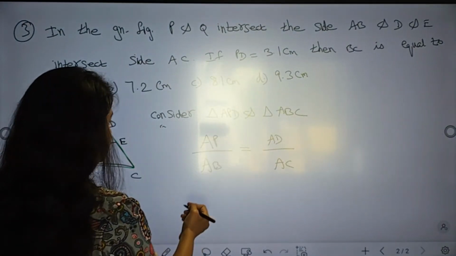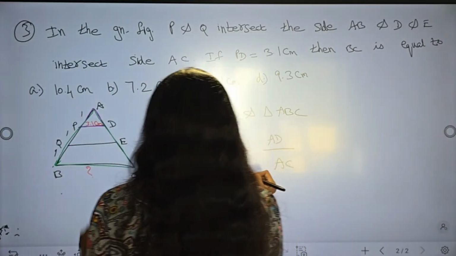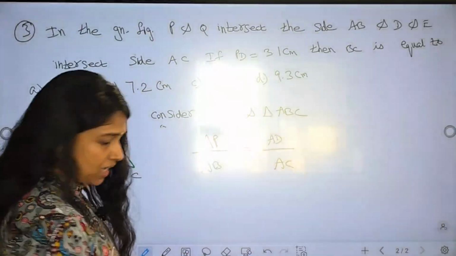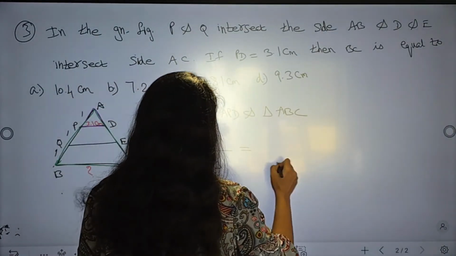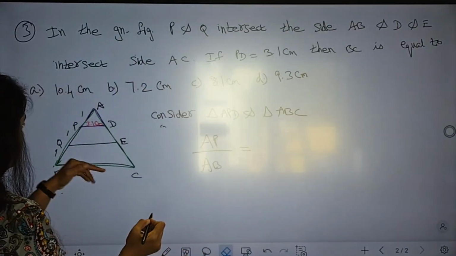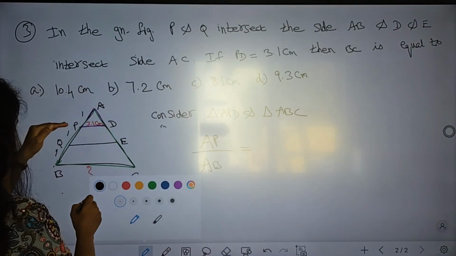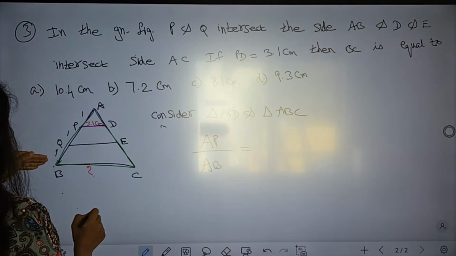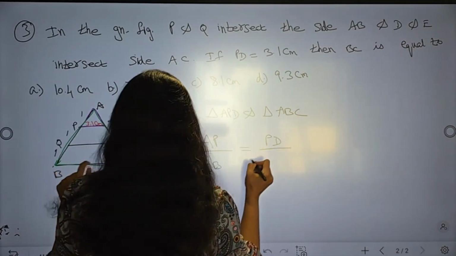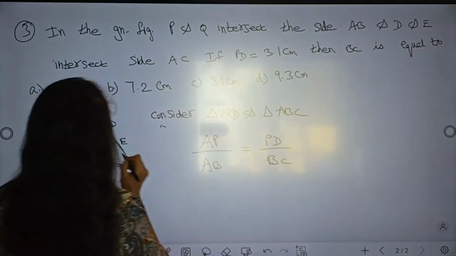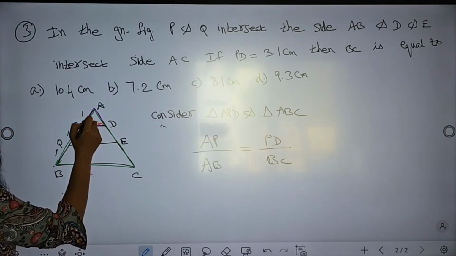Okay. So now, actually we need the unknown side, BC, right? So we will write one side as AP by AB, then PD by BC. These two sides we are considering, writing the proportions.